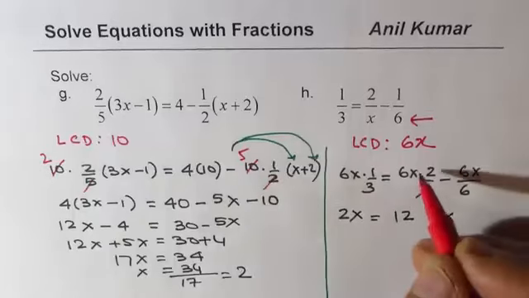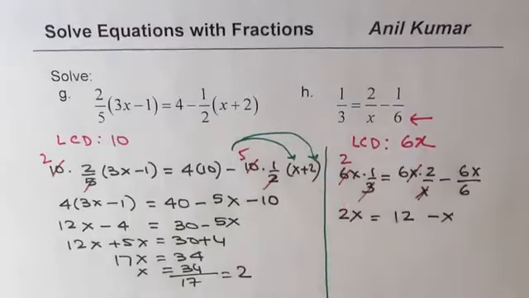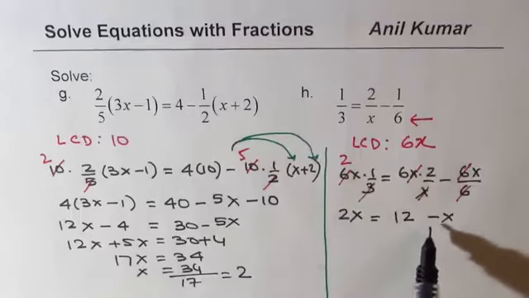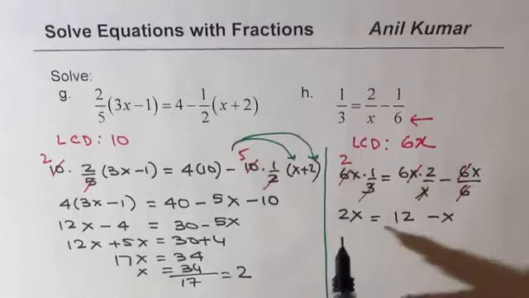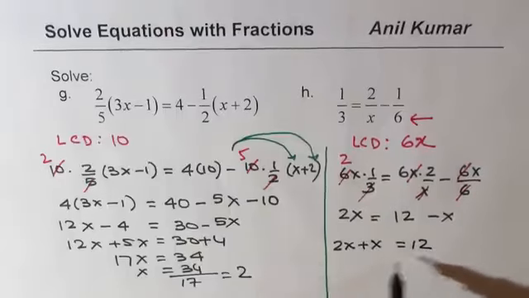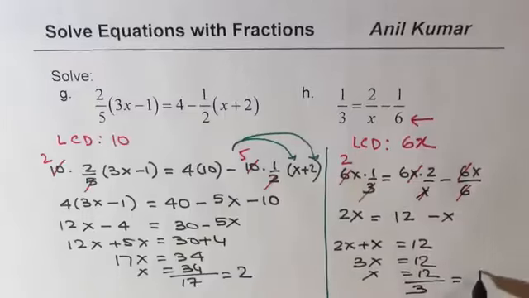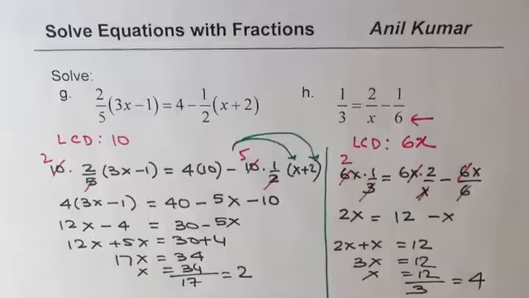This goes 2 times and 6 and 6 cancel. So we get our equation, which is 2x equals 12 minus x. Now bringing x to the left, we have 2x plus x equals 12, 3x equals 12, x equals 12 over 3, which is 4.